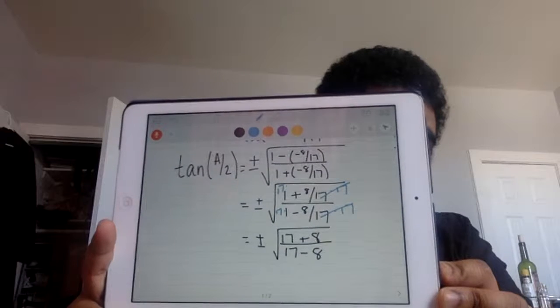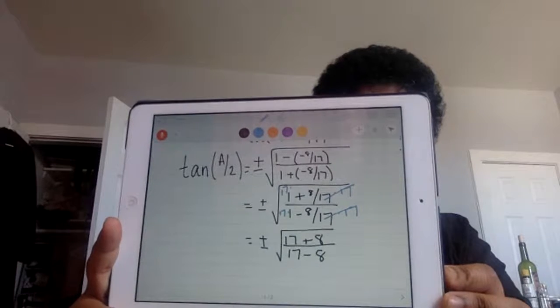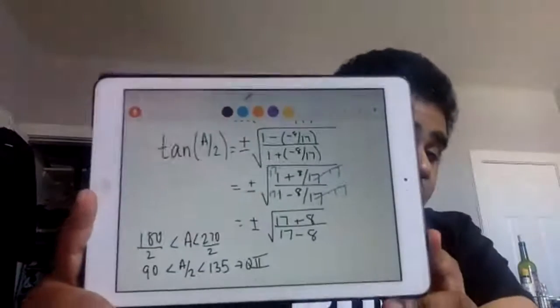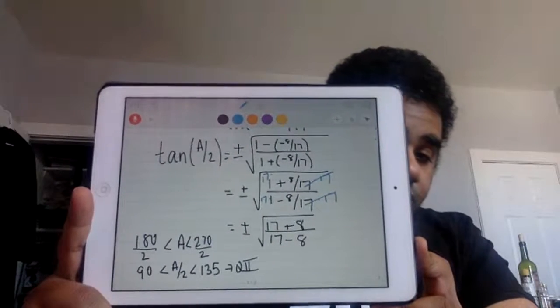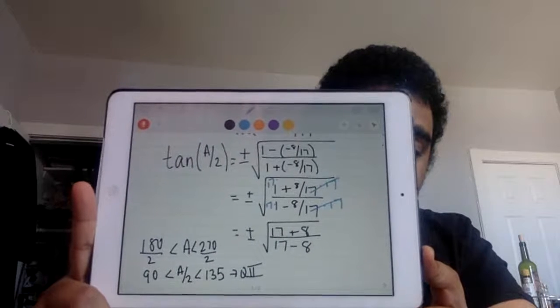Now it's all dependent on our original angle. A is in quadrant 3. Cut those boundaries in half. 180 divided by 2 is 90. 270 divided by 2 is 135. That brings you to a quadrant 2 angle, right, because quadrant 2 is 90 to 180. So 90 to 135 lies in that region.